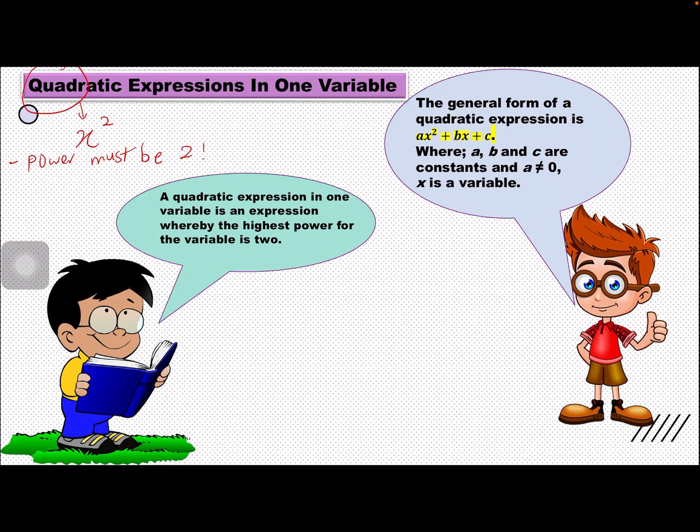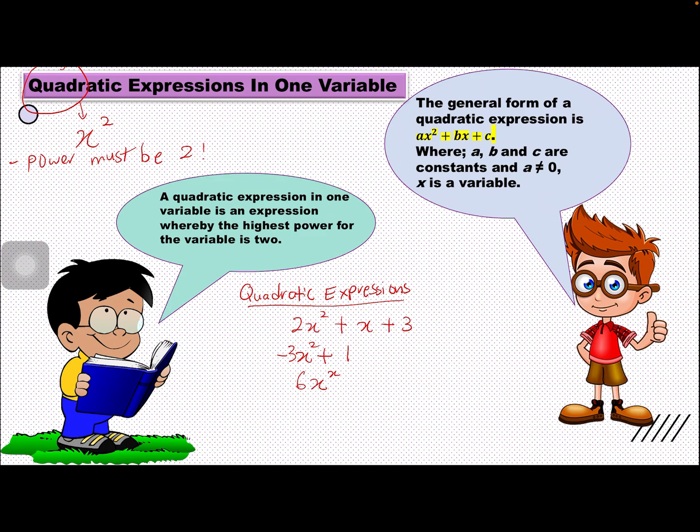Okay, what is the difference between quadratic expression and quadratic function? This is simple. A quadratic expression is only an expression, meaning that 2x squared plus x plus 3, or negative 3x squared plus 1, or 6x squared.